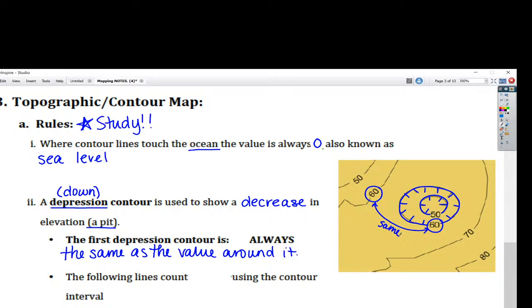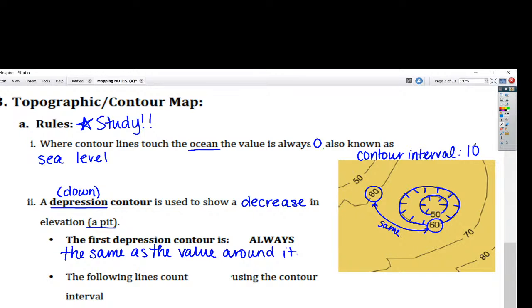And so looking at this map, can someone tell me what's my contour interval? What am I counting by for these lines? So I see 50, 60, 70, 80, and I have 50, 60. So what am I counting by if I look at those lines? Cole? Tens. Yeah, so my contour interval is tens. Now once I get inside the hole, stepping into it, is my line going up or down?